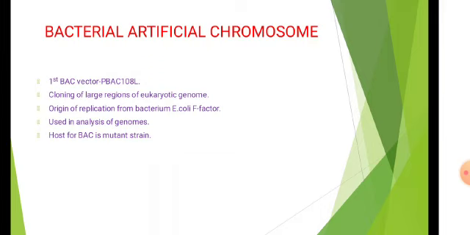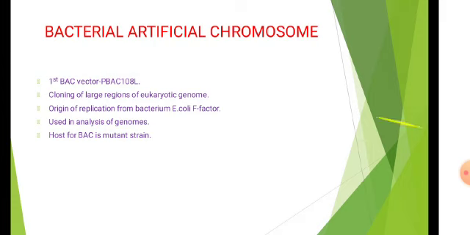The first BAC vector is pBAC108L. The bacterial artificial chromosome can clone a large range of eukaryotic genome. The important host for bacterial artificial chromosome is a mutant strain.